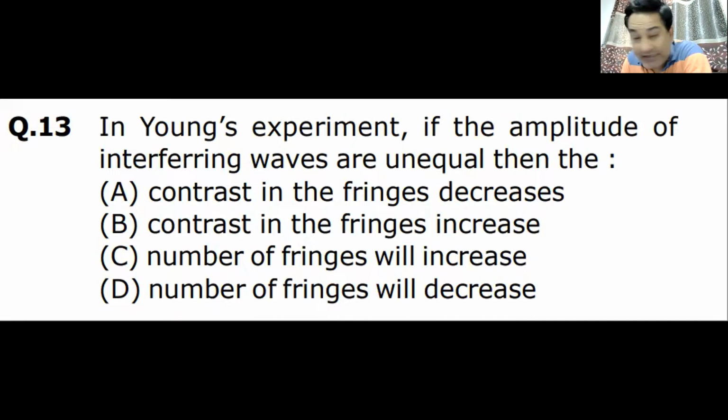And the answer is A. Contrast will decrease. Bright will be bright, but dark will not be very dark, because the amplitudes or intensities are not equal. Do we understand this?